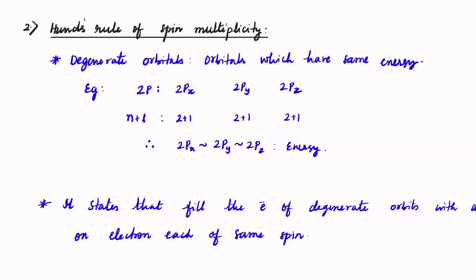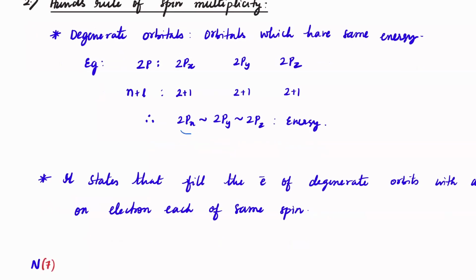And each of these orbitals has the same n plus l value and also the same n value, which means as per Aufbau's rule, all these three orbitals have the same energy. So this 2px, 2py, 2pz have the same energy. Hence, we call them degenerate orbitals.